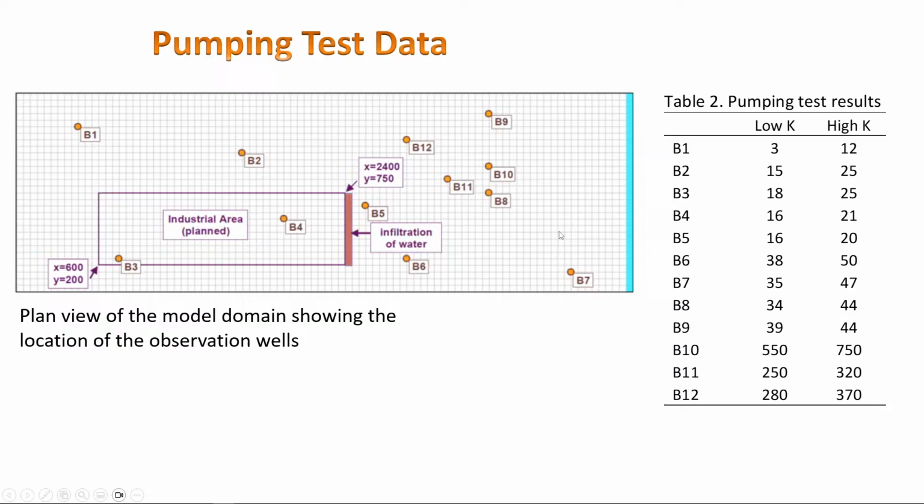You also get pumping test data, and this pumping test data will help you, along with the geophysics data. This is a plan view. Here, this is the industrial area that you will design. So your design problem, I think, is that you want to do this design area. When you do this design area, that will block recharge.